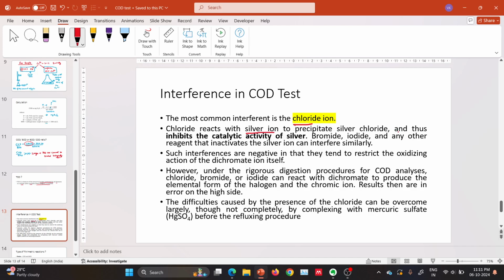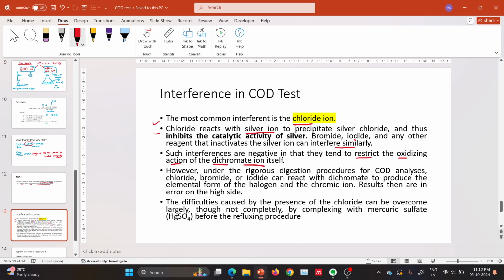And silver is used in the COD test as a catalyst, so it inhibits the catalytic activity of the silver. Same thing, bromide and iodide will also do the same. So bromide, iodide, and any other reagent that inactivates the silver ion can interfere similarly. Such interferences are negative in that they tend to restrict the oxidizing action of the dichromate ion itself.